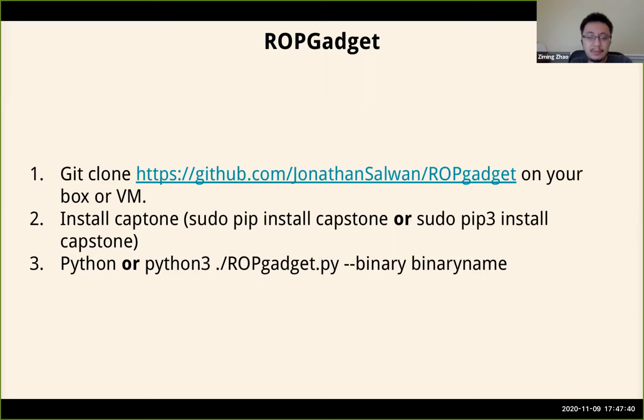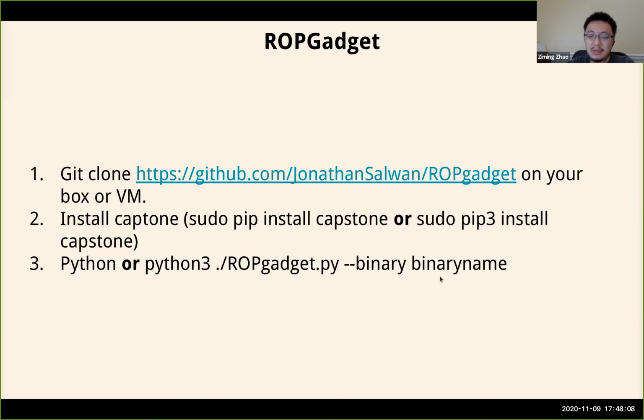For the homework and also the test today, you need to download this tool, you can just git clone it. Then if your box doesn't have Capstone, you need to install Capstone. Depending on your Python version, you will probably do a pip install capstone or pip3 install capstone. Also, to run it, use python or python3 ROPgadget.py.